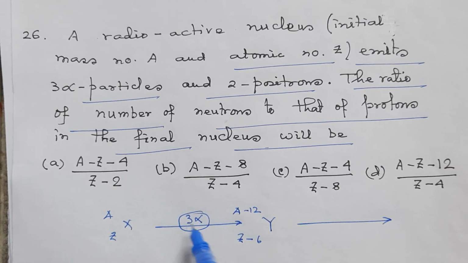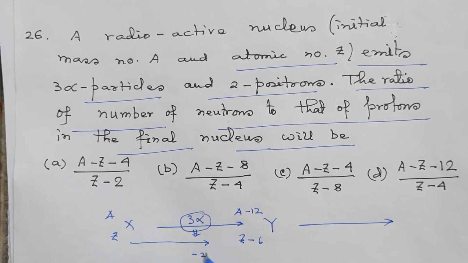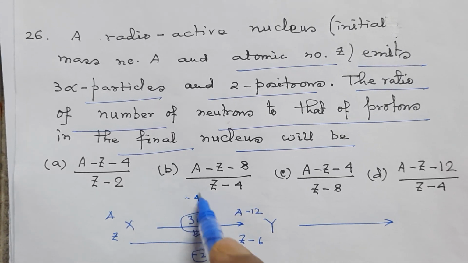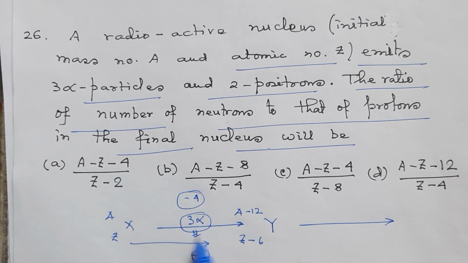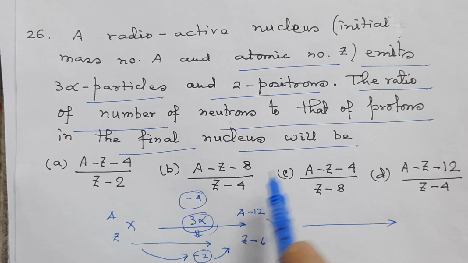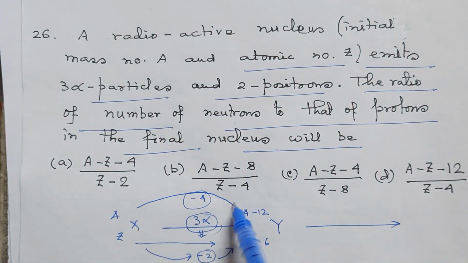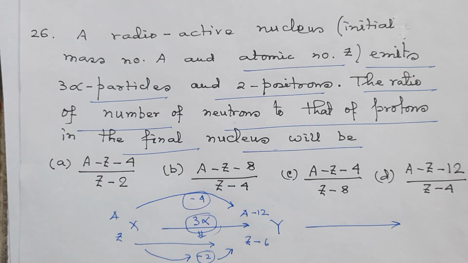Because in case of each alpha emission, there is a reduction of 2 in atomic number and 4 units in mass number. So for 3 alpha emissions, there is a reduction of 6 in atomic number and 12 in mass number.